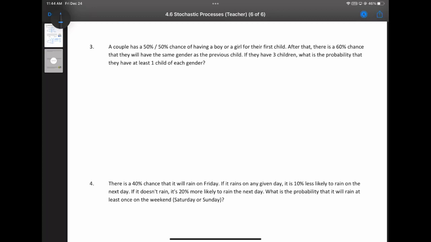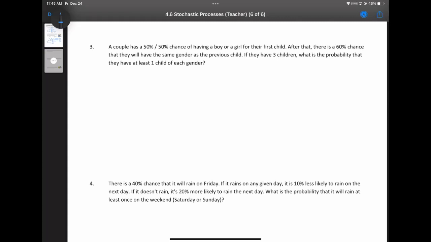I'm making up the numbers for this question just because working with very specific numbers is just messy. But we'll say that for the first child is a 50-50% chance. After that, there's a 60% chance it'll be the same gender as the previous child. Again, I'm going to point out that this has no real scientific basis to those numbers.